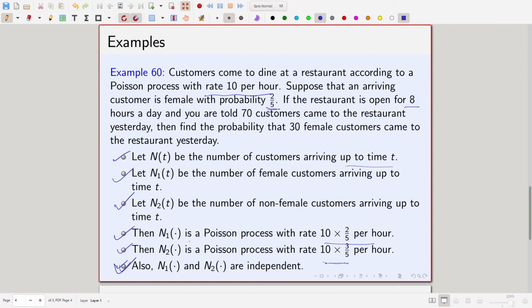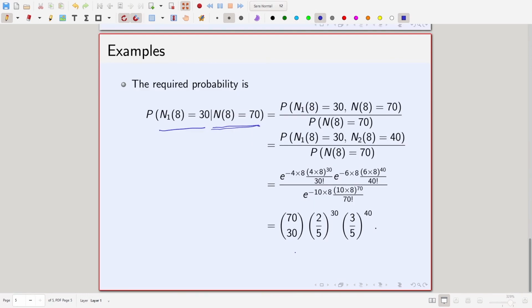The rate of N1 dot is 10 times 2 by 5, which is 4 per hour, and N2 dot is 6 per hour. That's why you have e to the power minus 4 times 8, because your time unit is 8, times 4 times 8 to the power 30 divided by 30 factorial, and similarly the second one, as well as the denominator. Now if you just do the algebraic manipulation, you finally get this answer.